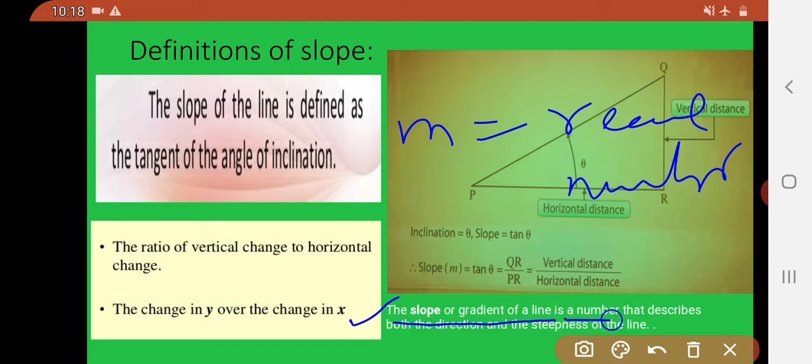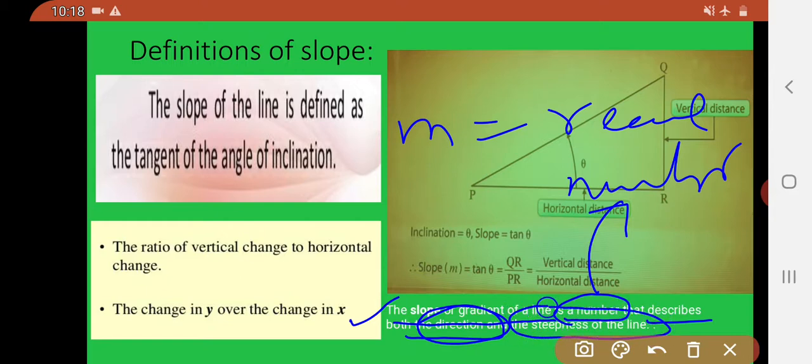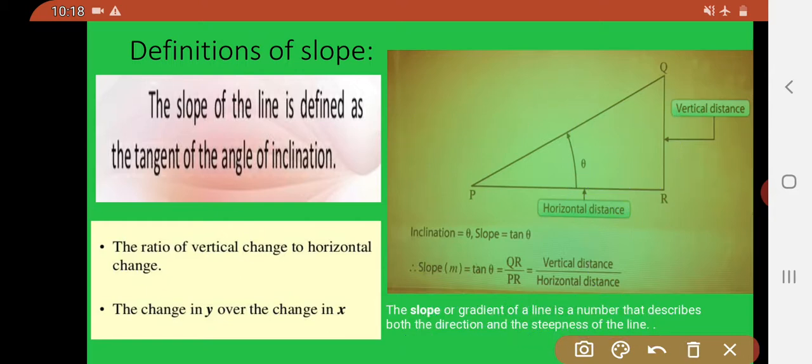It is a real number that describes both the direction and the steepness of the line.